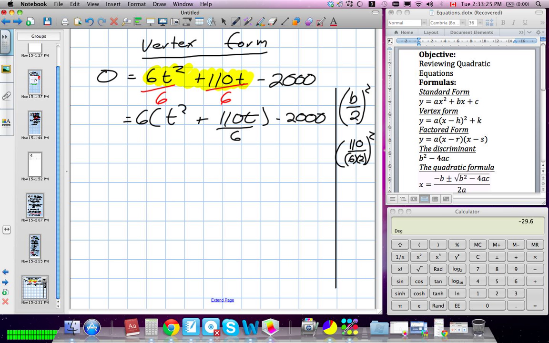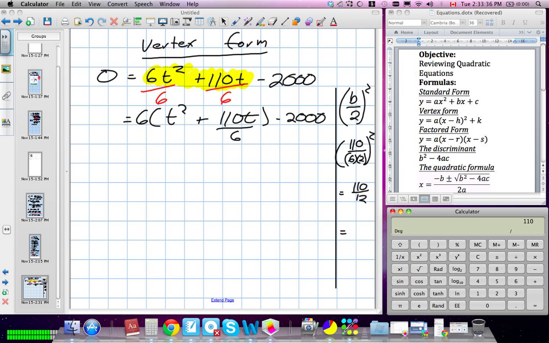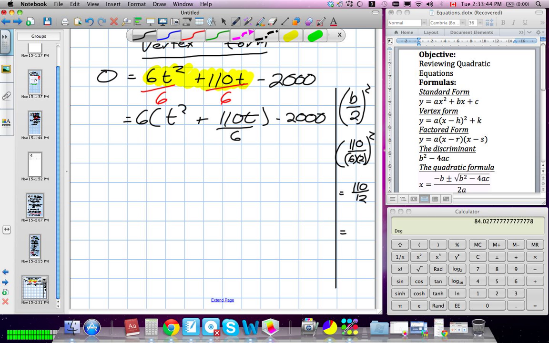And we're going to end up with 110 divided by 12 squared, 84. So I quickly did this, and the number we're going to add and subtract is 84. I rounded it. We're going to leave it as 84.